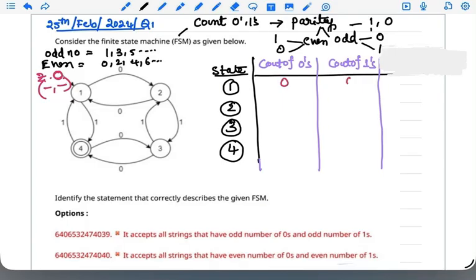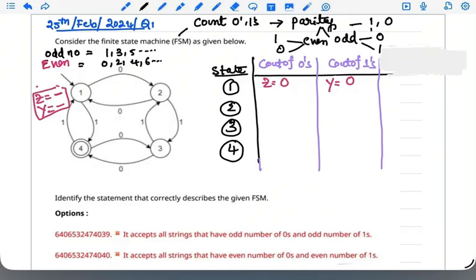So the count of zeros is Z equals 0, and for the count of ones we will not use O, because it is the same as zero, so let us use y.